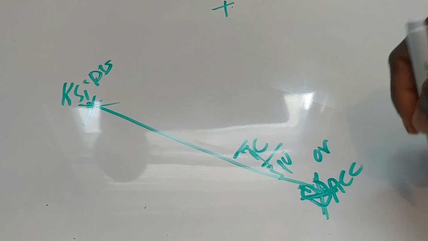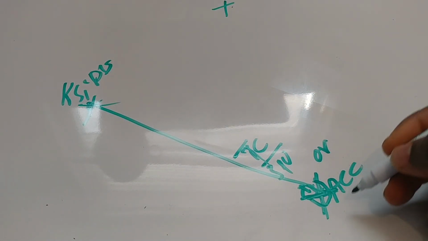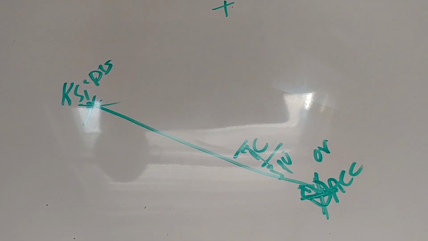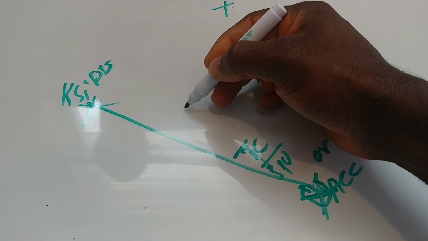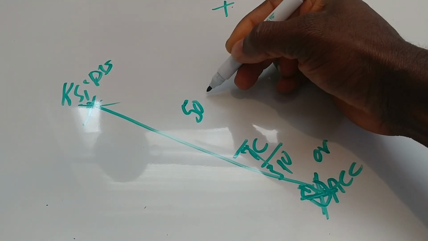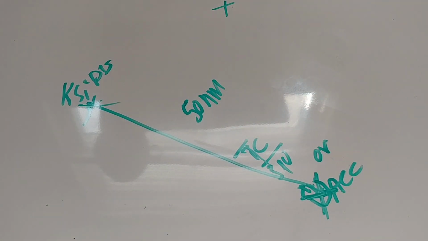Now, our distance between Accra and Kumasi. Let me say the distance between Accra and Kumasi is about 50 nautical miles. Let me use 50 miles today. Now, this is a very simple and easy way to get things done.